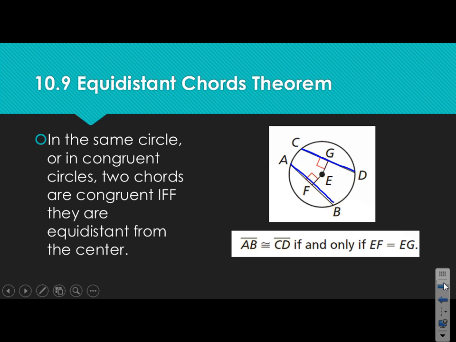The only way for those to be congruent is if FG is congruent to EG. Then just one more thing: pay attention to those right angles. If you're looking to see if they are equidistant, you better be going straight to it. You have to make sure that FE and GE are hitting those chords at a 90-degree angle. If those were not there, I cannot use this theorem. That's very important to understand.